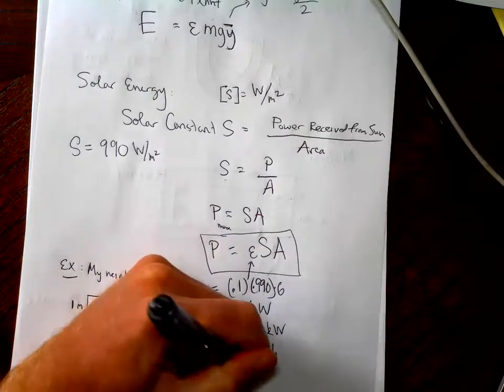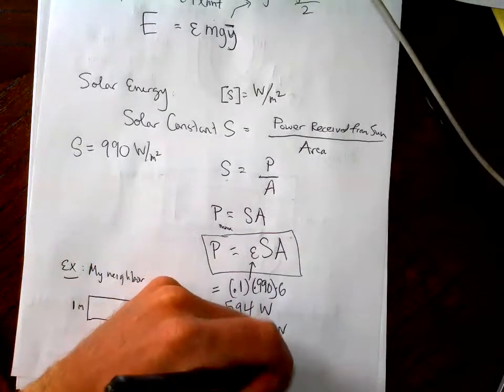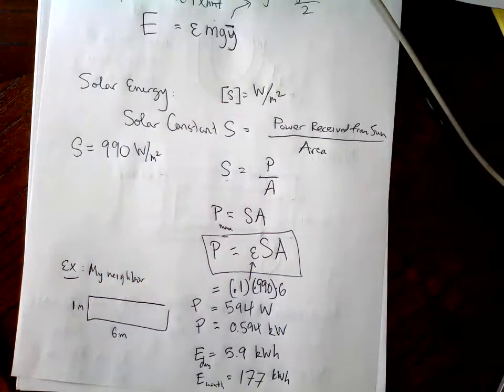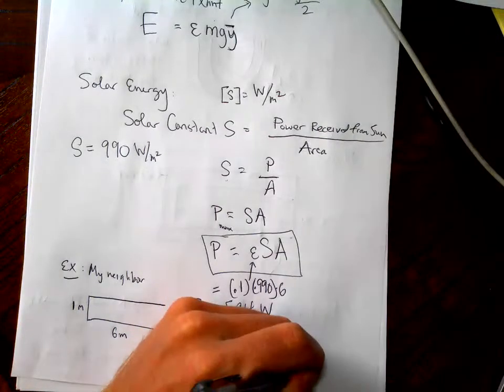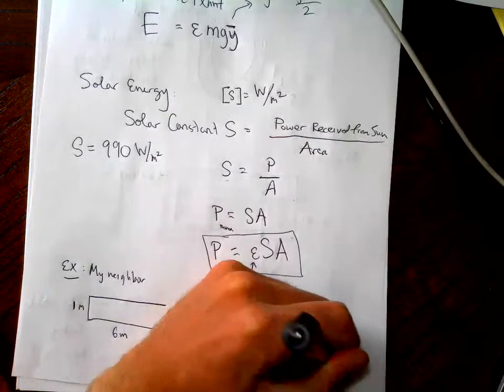That's 177 kilowatt hours. Do you know how much a kilowatt hour costs? If you buy a kilowatt hour of energy from the electrical company, it costs about 20 cents. So if I multiply this by 0.2, that means her solar panels are going to generate $35 per month.